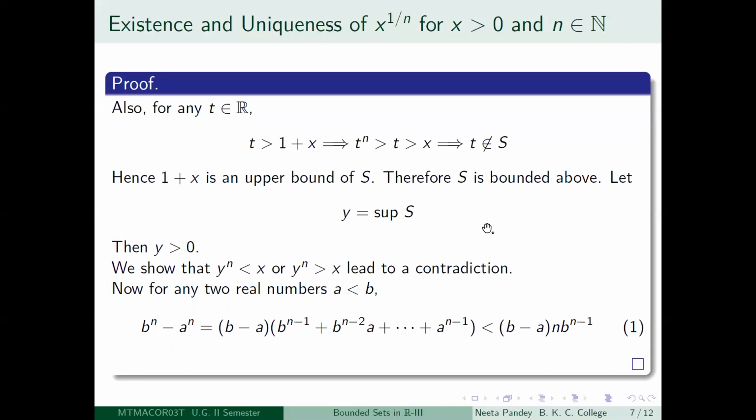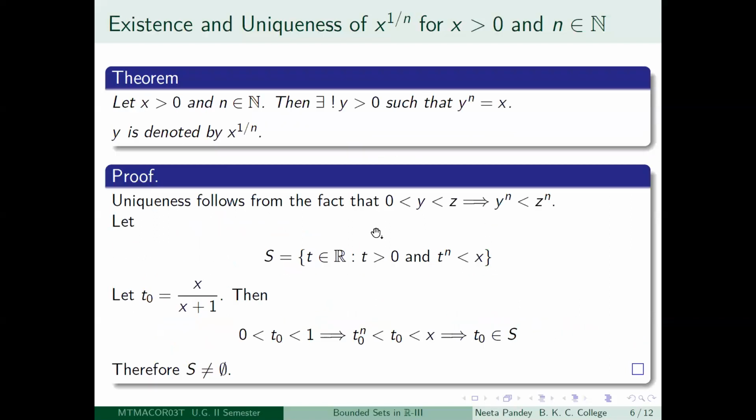You wanted to show the existence of the positive nth root of a positive real number. So you started with all positive real numbers whose nth power is less than x, and just took the supremum of this, because it would keep on increasing.